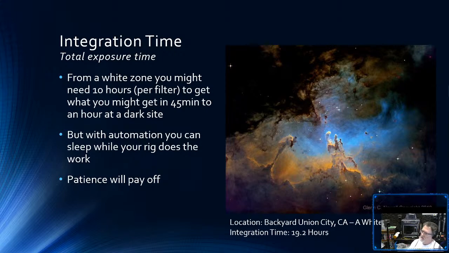So my rule of thumb now for here in Union City is 10 hours of integration per filter. I try to get to that point before I even try to process anything. And yes, that might be like 45 minutes or an hour or something equivalent from a dark site. But again, the upside for me is with automation. I can sleep while my rig does the work, and so patience does pay off.